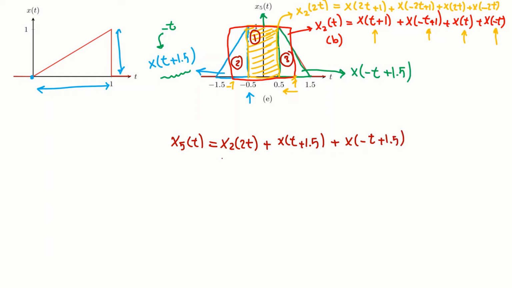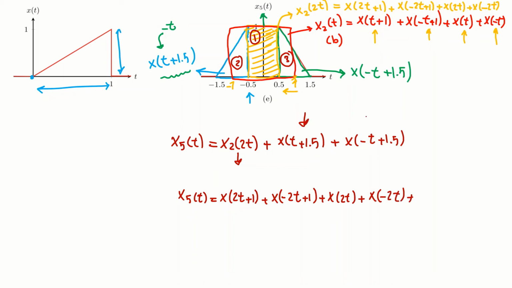But we need to write everything based on x(t), so I replace this one by its expression based on x(t). So x5(t) equals x(2t+1) plus x(-2t+1) plus x(2t) plus x(-2t), plus this part and this part, x(t+1.5) plus x(-t+1.5), and this is the expression for x5(t).